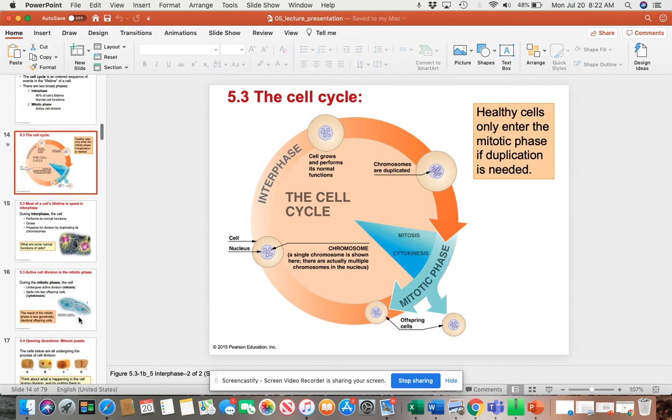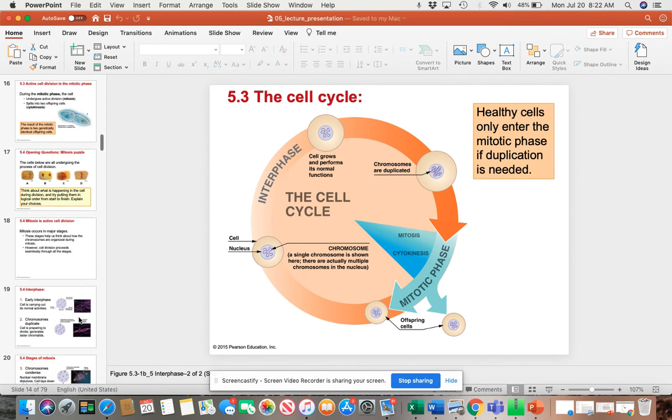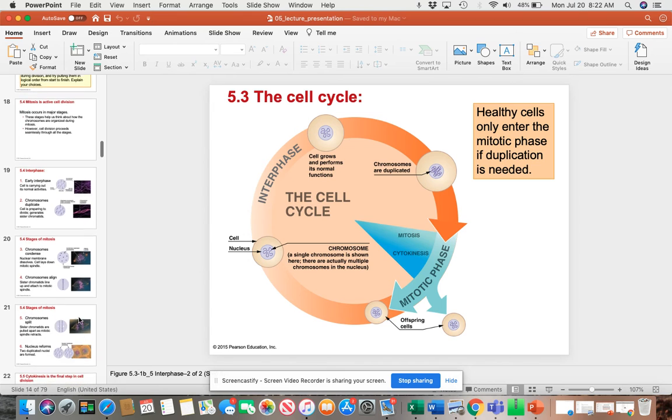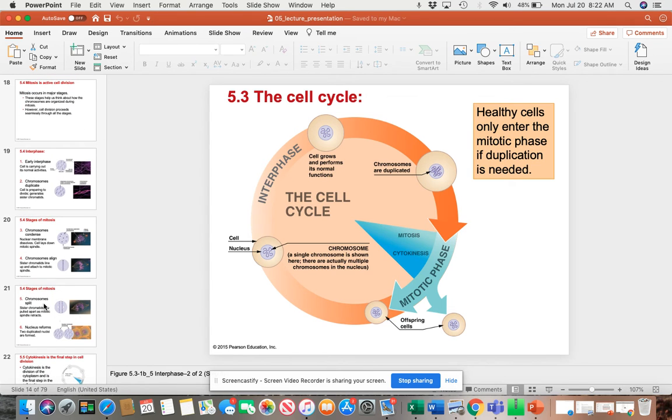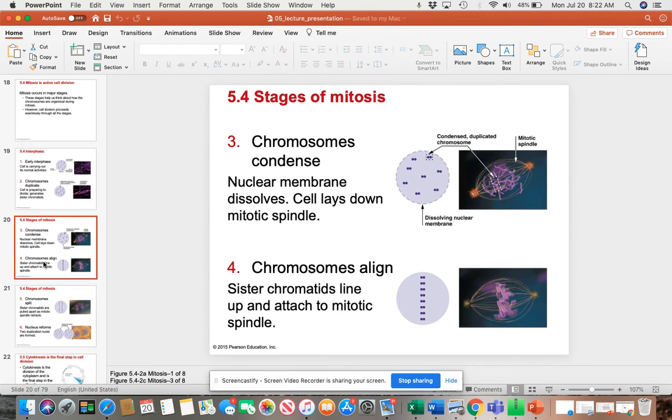Now, mitosis actually has certain stages. So we will talk about the stages of mitosis. Mitosis, first of all, when you can see the chromosomes or the chromatids, then that is prophase, when you can actually see the chromosomes.